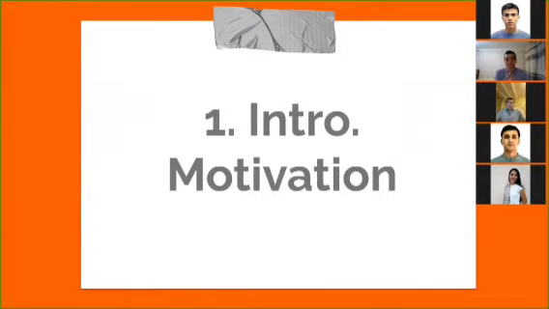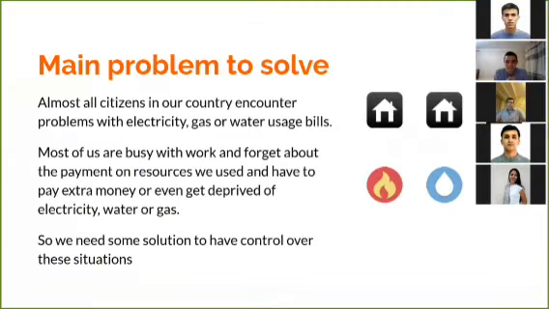First of all, we'll start talking about the main problems that we are encountering and the motivation to create the IoT service that we are working on. And the main problem to solve: in our country, almost all citizens encounter problems with electricity, gas, or water usage bills.